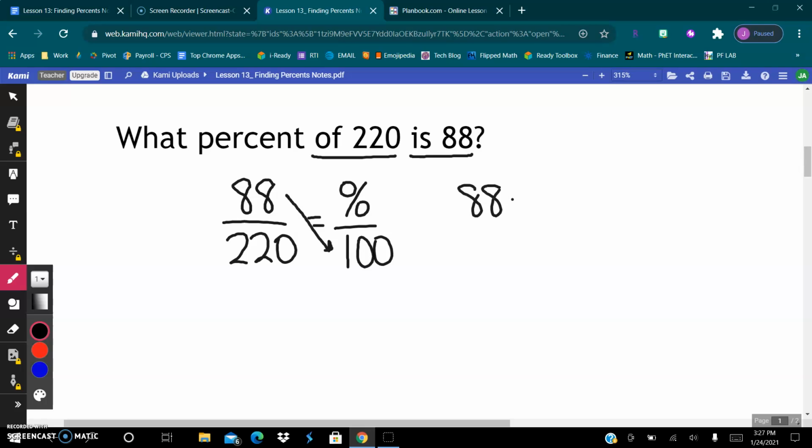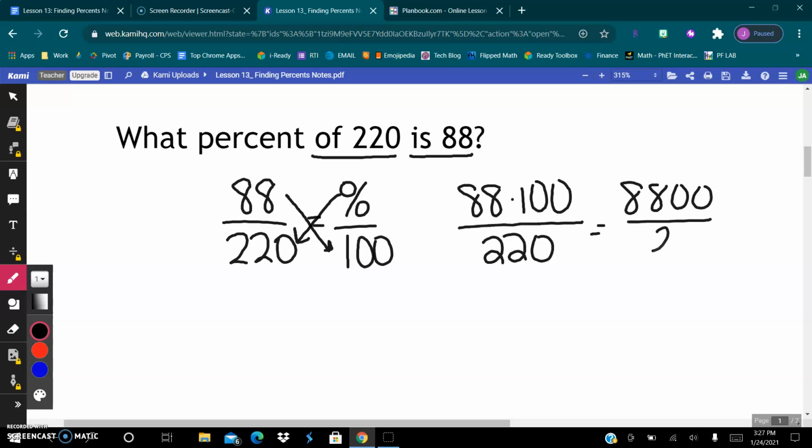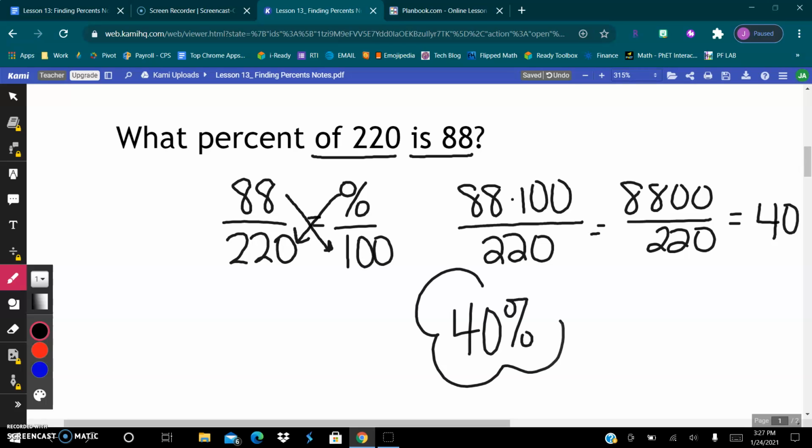So 88 times 100. We're going to divide that by what's across from our unknown. So divide by 220. So that would be 8,800 divided by 220. That would equal 40. So our answer is 40%.